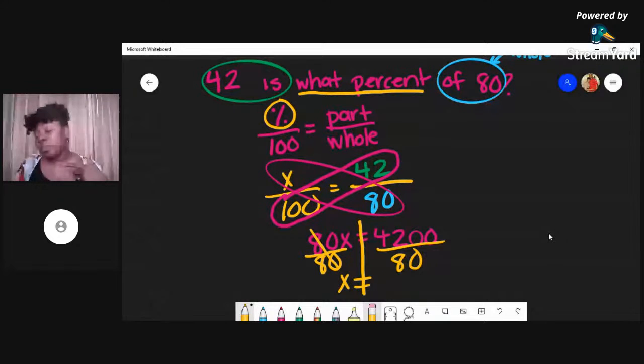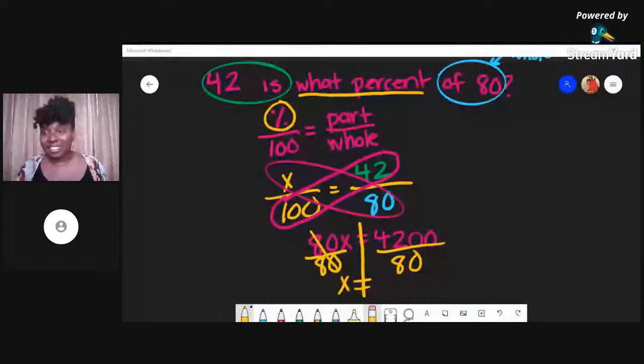Okay, I made this one up off the top of my head, so it's not an ugly one like the last one, but you will get a decimal, just to let you know. You are doing awesome.